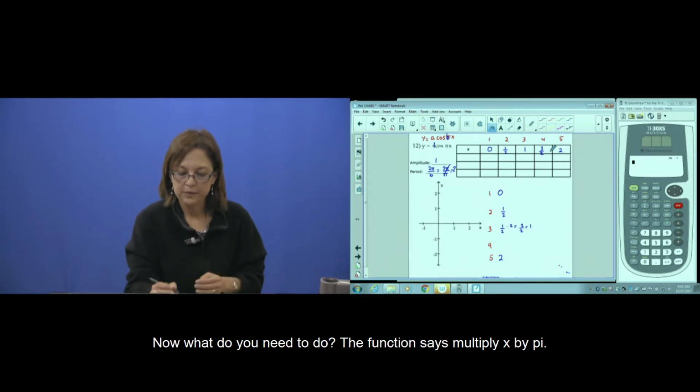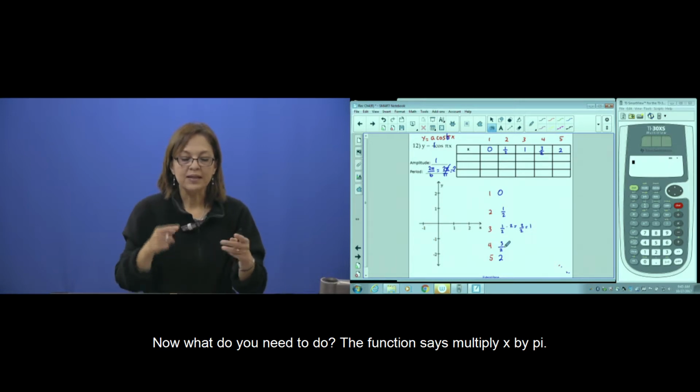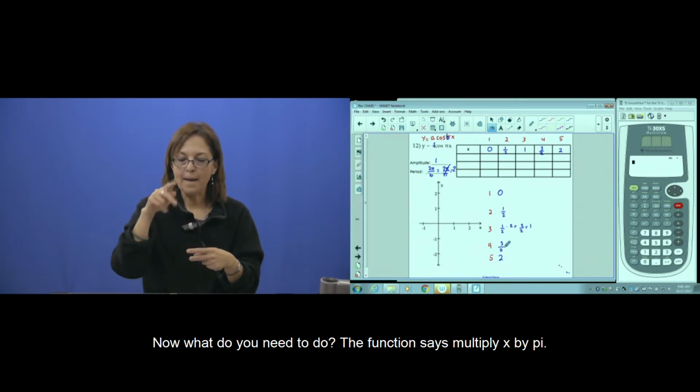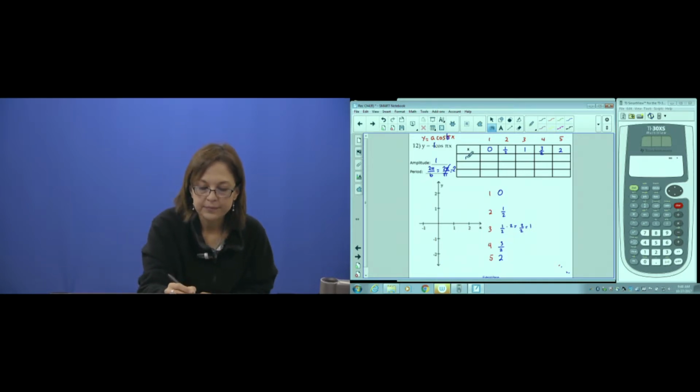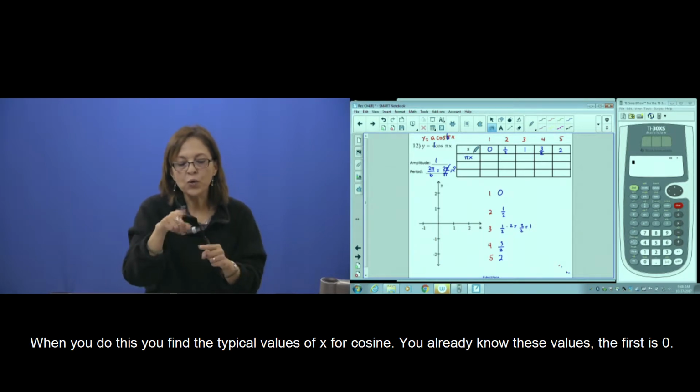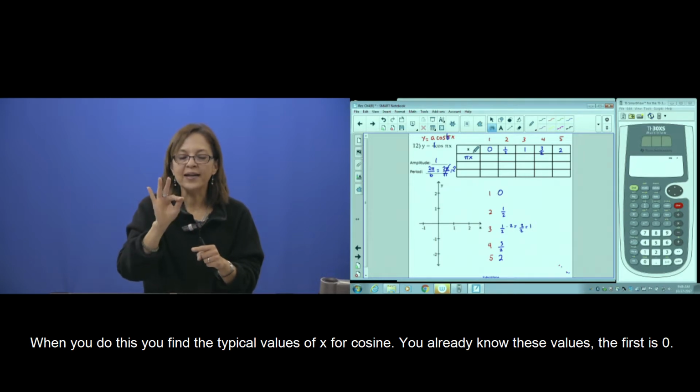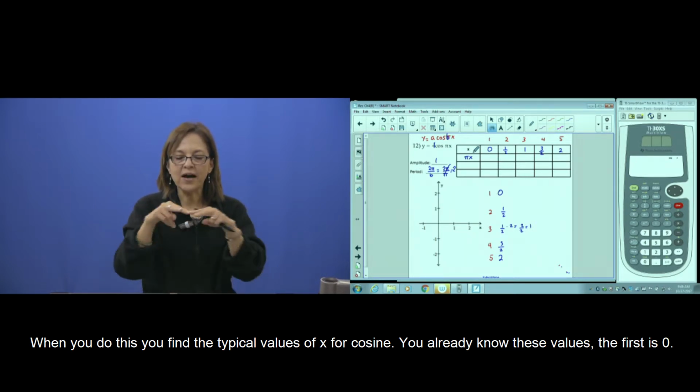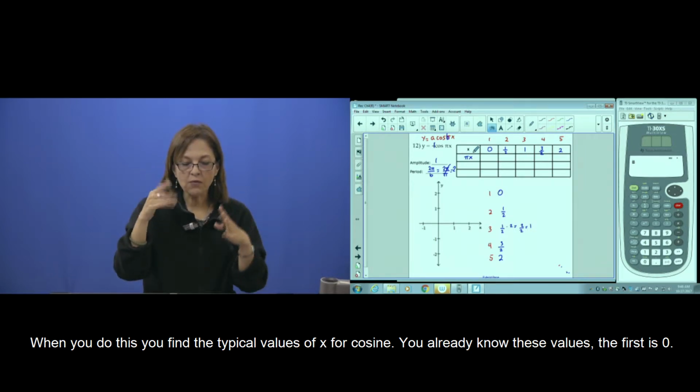Now, what do you do? The function says multiply x by pi. When you do this, you find the typical values of x for cosine. You know already these values.